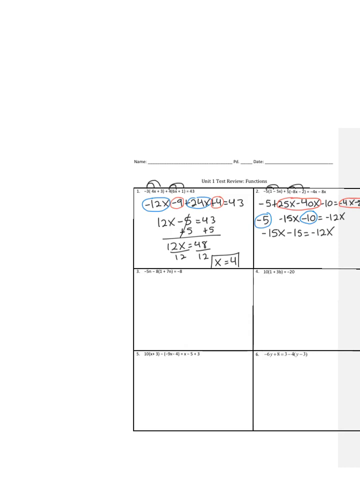I want to get all my x's on one side, so I'm going to add 15x to both sides so that I can get everything with an x on the other side. -15 divided by 3 is going to get you -5.